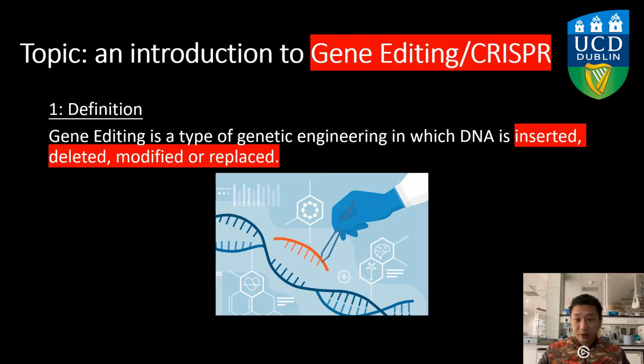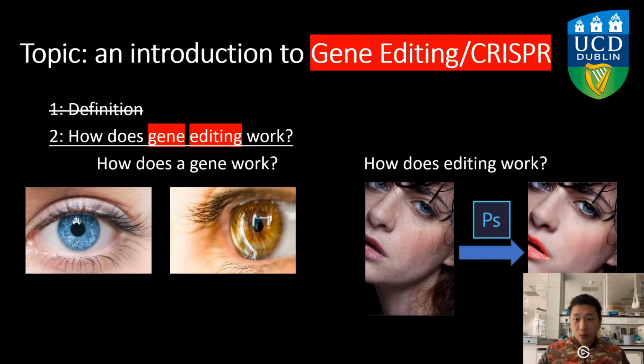Well, in order to answer this question, I would like to tell you a bit about how a gene works and how editing works. In terms of how a gene works, I believe that all of you know at least a bit about genes, and you know the concept that when you have a gene for blue eyes, then you have blue eyes, and when you have a gene for yellow eyes, then you'll have yellow eyes, okay?